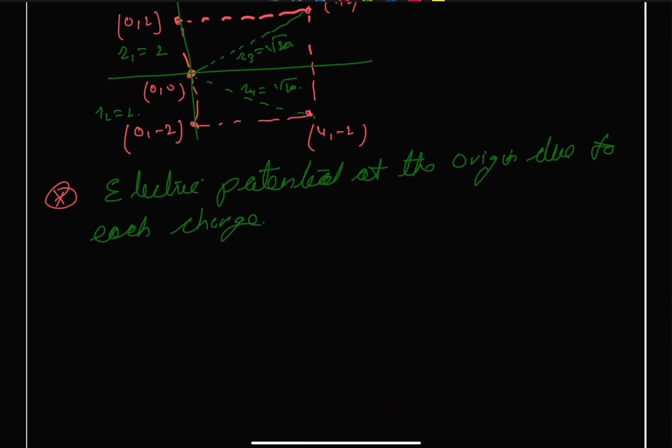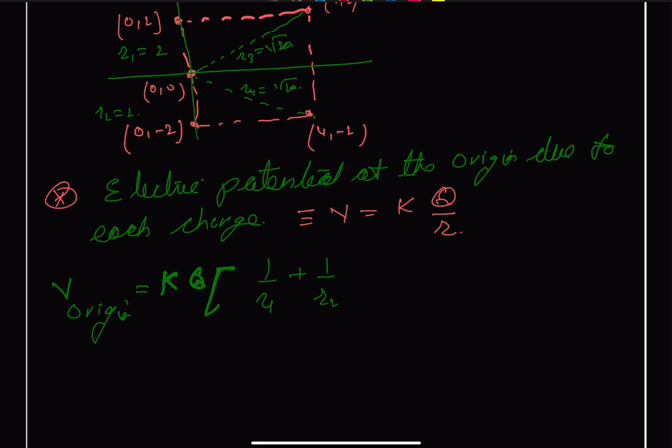The general formula we already know, that is V is equal to KQ upon R. So it will be nothing but an algebraic sum. So we can say that potential at the origin, K and Q will be a common factor, so we can take that outside. That will be equal to 1 upon R1 plus 1 upon R2 plus 1 upon R3 and plus 1 upon R4.